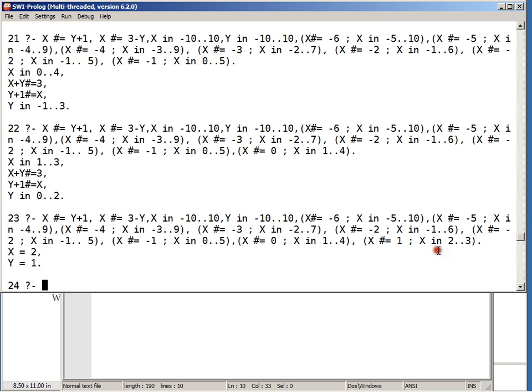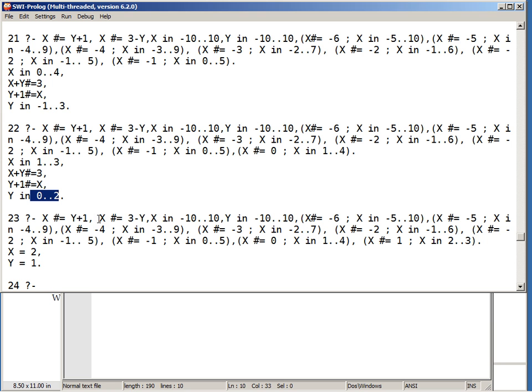Because once we figure out that we have to be between 2 and 3, when x is equal to 3, y is outside its domain, right? So y, you see last time, was between 0 and 2.